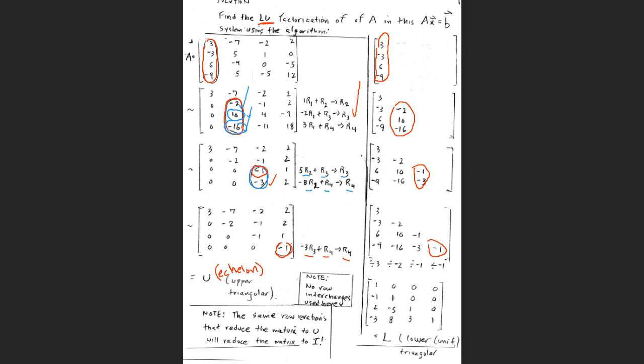It is. I mean, that's true also. No row interchanges were used. Okay. So you can't do this using MATLAB, because MATLAB uses row interchanges because it uses partial pivoting. And we're going to discuss that next week, what that means. All right.